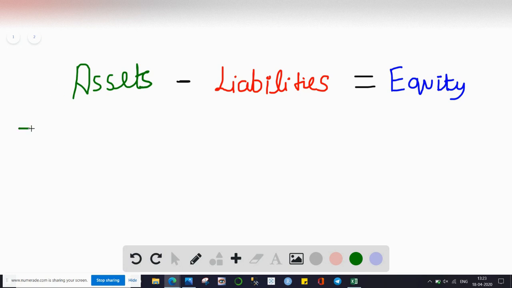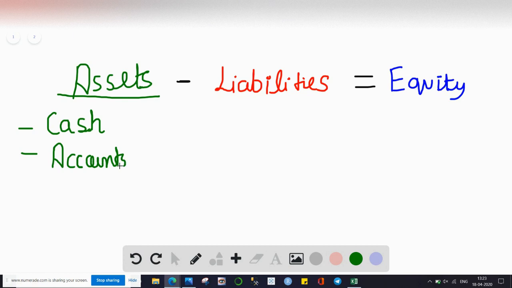For the current problem, very specifically, I will say the assets include items such as cash. You can note down these items as in the same accounting equation, and below them I'm going to write accounts receivable.